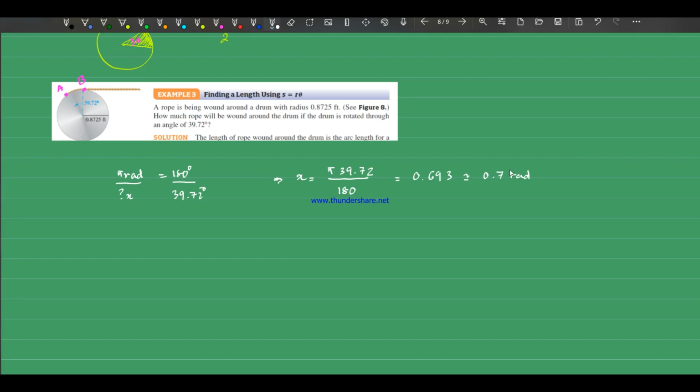So about 0.7 radian. Now we're going to find the length. How much rope? How big is the arc length right here?